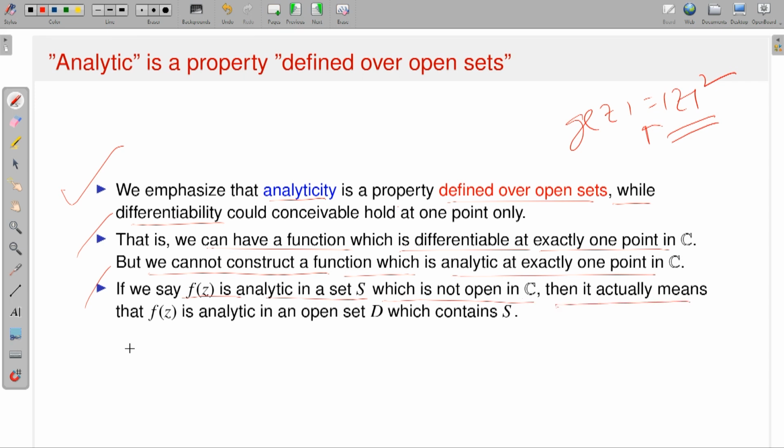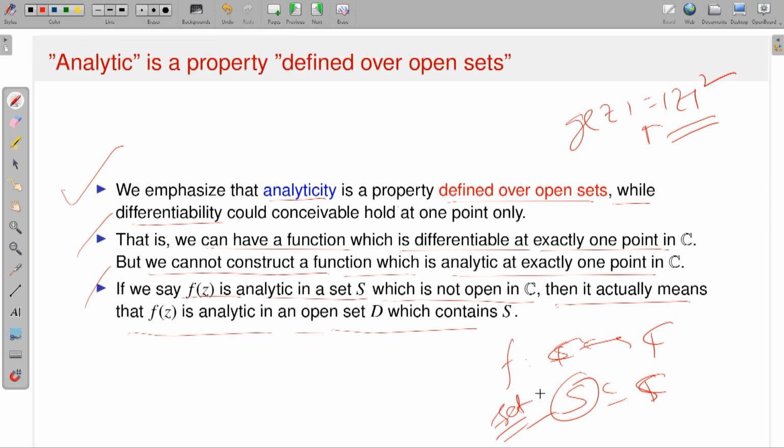It actually means that f is analytic in an open set which contains it. So if I have a function f from some subset S of C to C, and I say my function is analytic on S, that means I consider an open set D, an open subset of C, with S contained in D, and my function is analytic in that open set, because I already discussed the meaning of analytic on an open set.